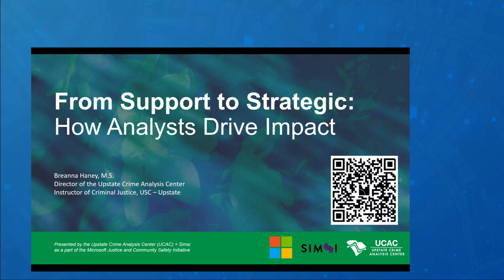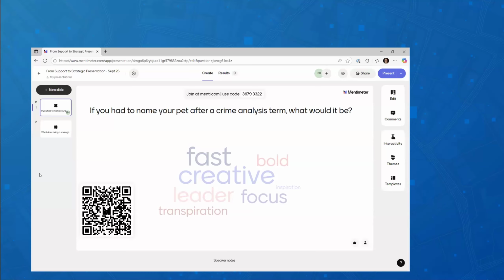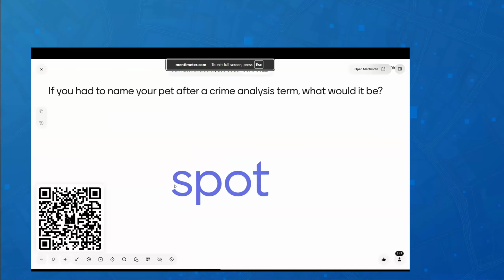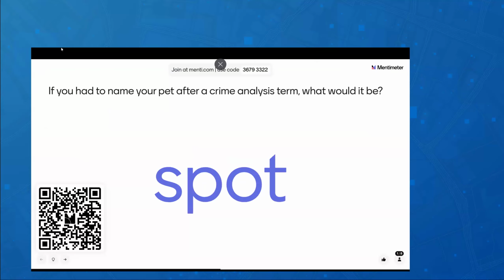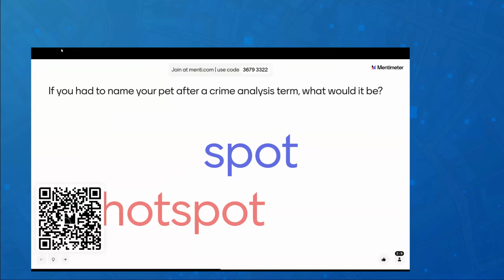If you scan the QR code, it should take you to a poll. It's going to ask you, if you had to name your pet after a crime analysis term, what would you name it? Let me see if I can get the poll pulled up here. Are you guys able to see the poll? Nice spot, hot spot.